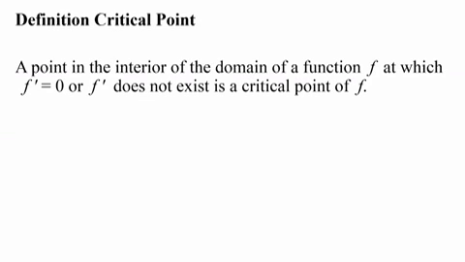Critical point: a point in the interior of the domain of a function f at which f prime equals 0 or f prime does not exist is a critical point of f. So summarizing, extreme values, meaning maximums and minimums, occur only at critical points and at endpoints.